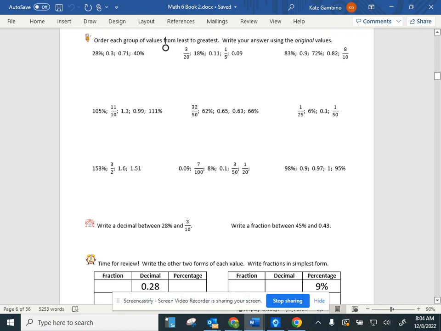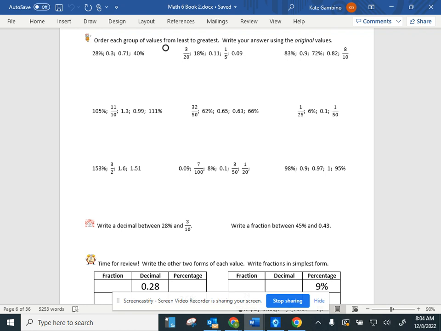Well, look, our numbers are in all different formats. If we're going to compare numbers, what do you think we have to do, Bennett? Well, if we're going to do fractions, we need that bottom to be 100. But if we have percentages and decimals and fractions all mixed together, is it easy to compare them? No, it's not so easy when they're in different formats.